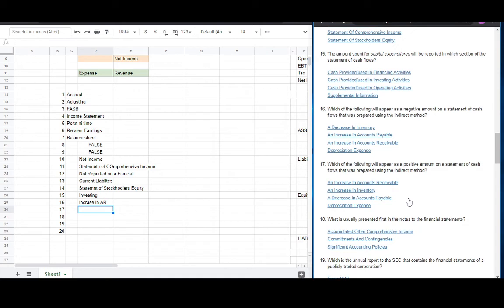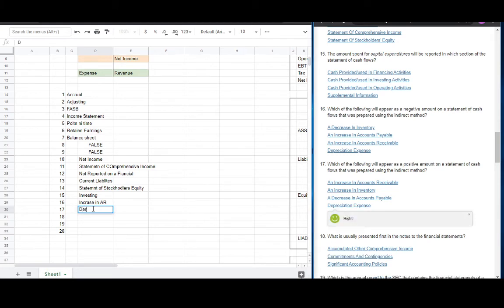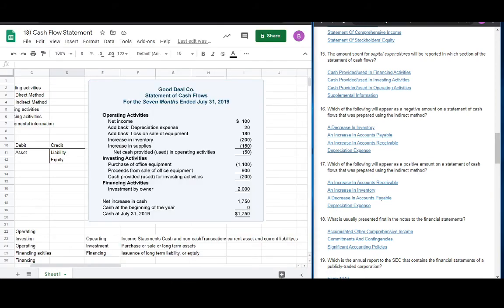Number 17, which of the following will appear as a positive amount on a statement of cash flows that was prepared using the indirect method? Yan. Positive amount, depreciation expense. Ay, ano ba yung indirect method pala? It is one of the ways in preparing the statement of cash flows. Yung operating activities kasi, pwede na irekta natin na yun nga, yung parang cash paid, cash received.